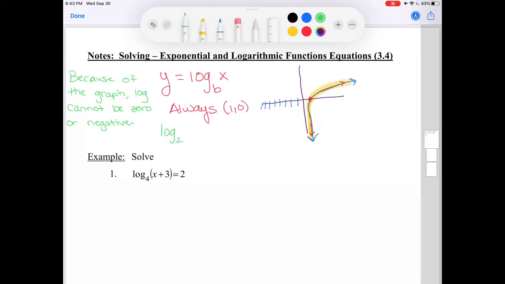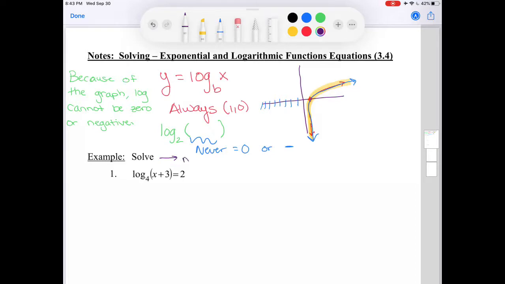And what that means is if I have some function, log, we'll say base 2 this time, whatever is inside of these parentheses can never equal 0 or be negative. If that occurs as I'm solving any of these functions that I'm about to go through, if I ever get a 0 inside any of my logs or a negative inside any of my logs, I know that it is not possible, so I may have no solution. That is a possibility, because of that graph that we drew at the beginning.